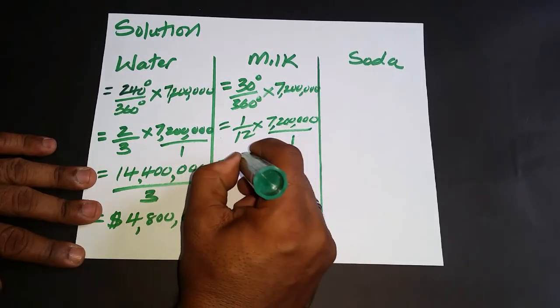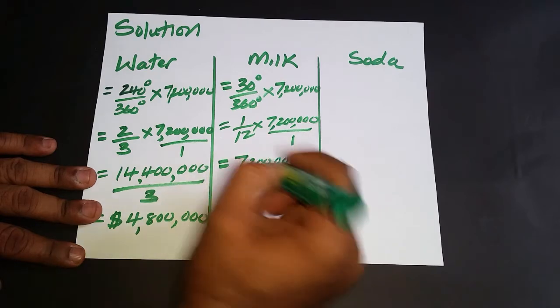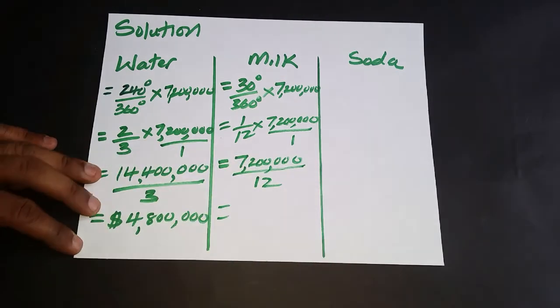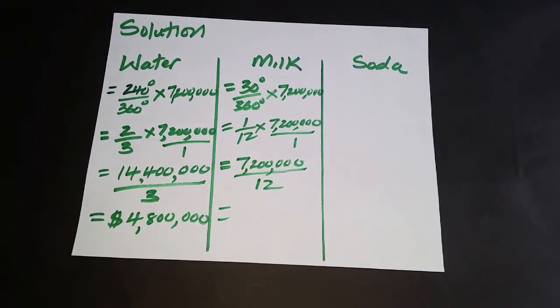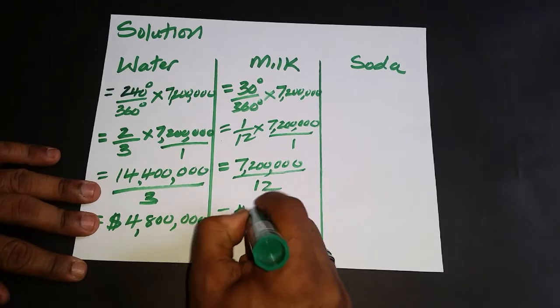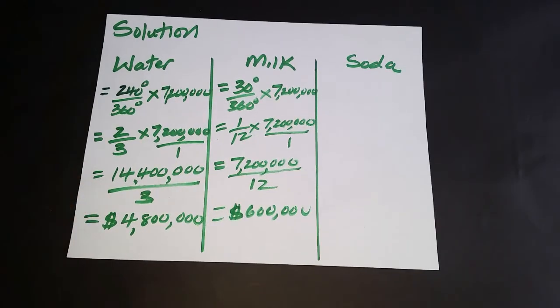Multiply numerators again by numerators, so it's 7,200,000, because 1 times that is the same figure, and 12 times 1 is 12, to give us a final amount that looks like 12 into 72 6 times, so that looks like 600,000. All right, so the amount of revenue generated from the sales of milk alone would give you 600,000. All right, just double checking that, 600,000.